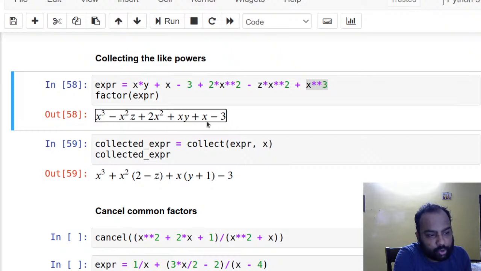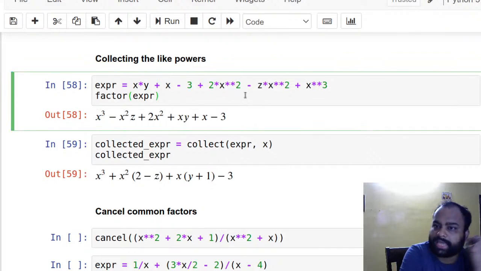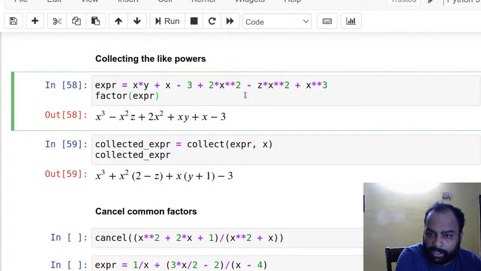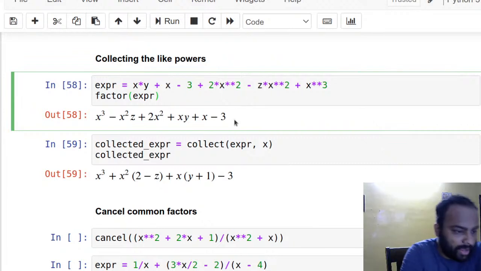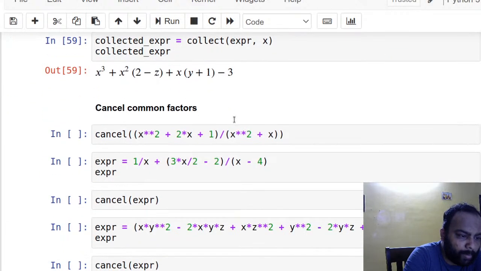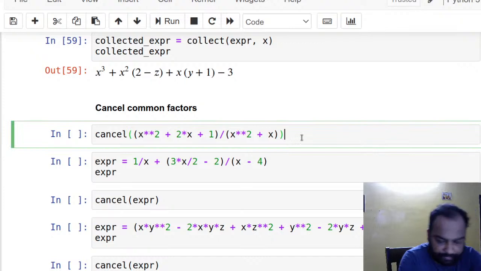And out of these two, I have xy plus x, so x can be factored out, and I would have y plus 1, and then I have a minus 3. So this can be done this way without any issue, I think. Right? So I think you are following along, and if you encounter any problem, make sure to tell me.